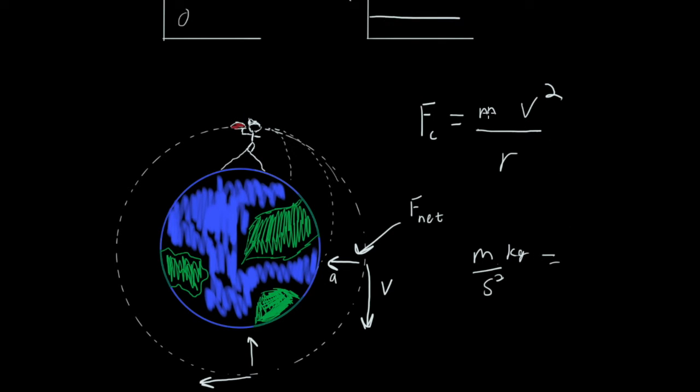We can say that a mass, well, that's going to be in kilograms. Velocity, that would be meters per second, and it's squared, so it's meters squared over second squared. And then we have divided by a radius, so divided by another meter. That meter would cancel out that one, and we're left with kilogram meters per second squared. And so our units all line up, so this equation, we can say, rings true.